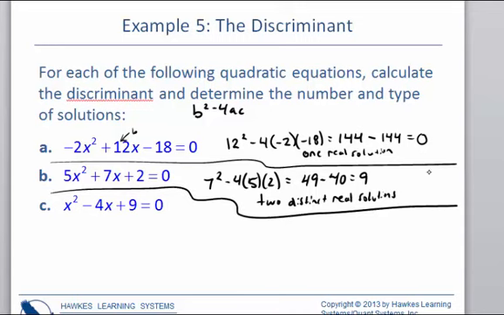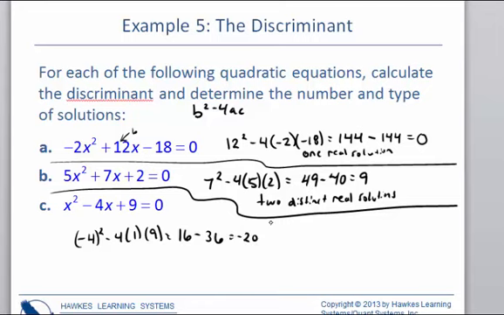And then our last one, the b value is negative 4. So we're going to have negative 4 squared minus 4 times a. a is 1, c is 9. So negative 4 squared is 16. 4 times 1 times 9 is 36. And so we're going to end up with a negative number here, negative 20.